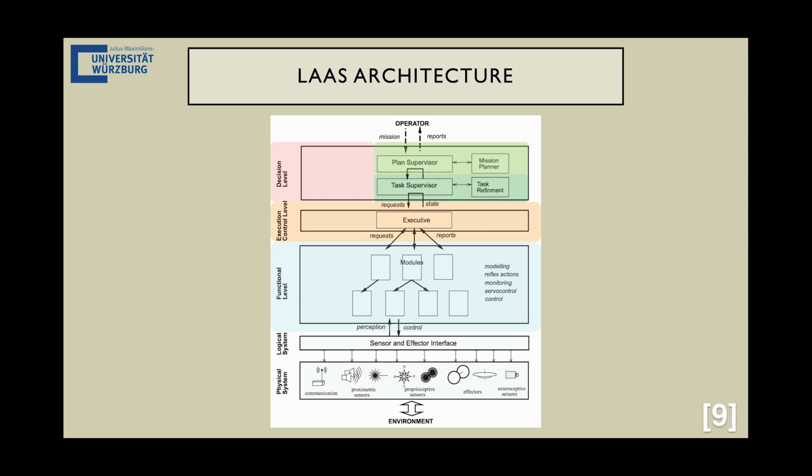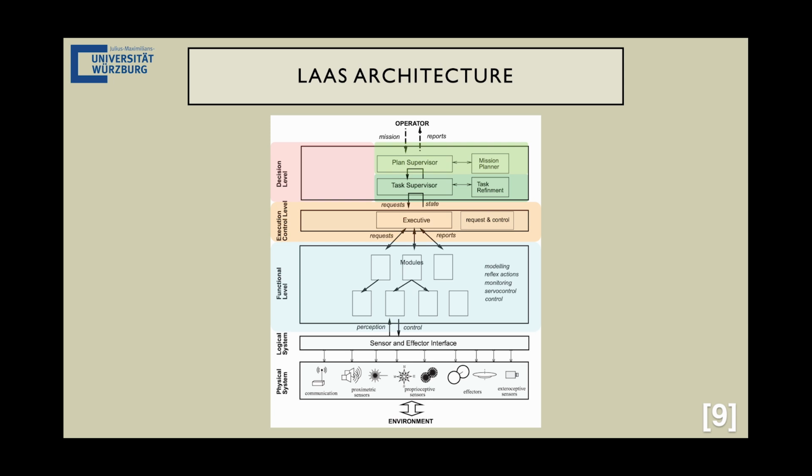Additionally, the last architecture adds a request control method inside the execution level. The requests control level checks requests sent to the functional modules and resource usage, acting as a filter according to the current state of the system.